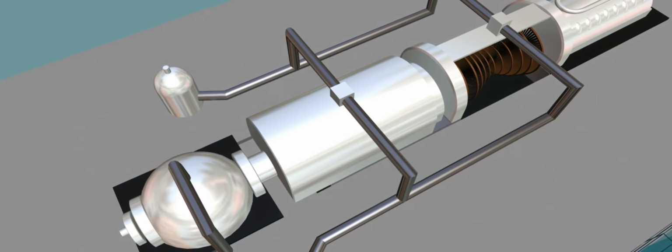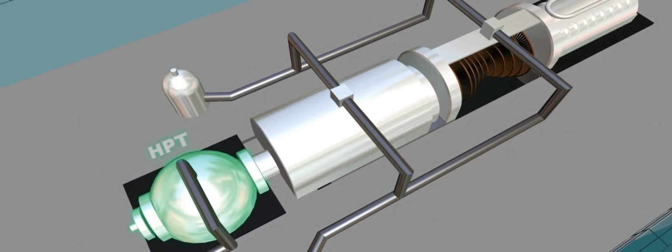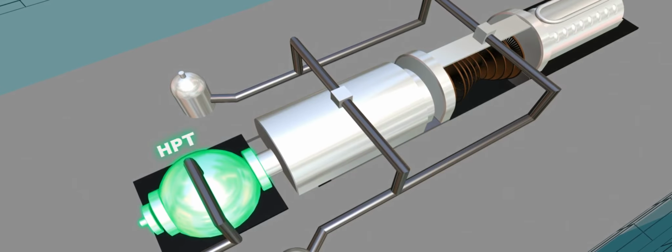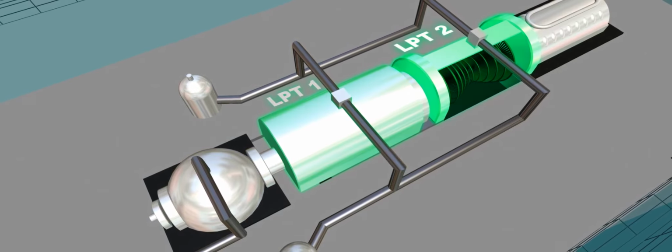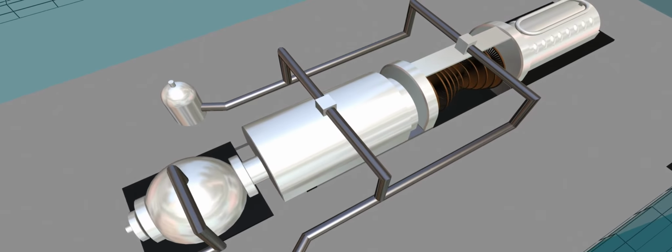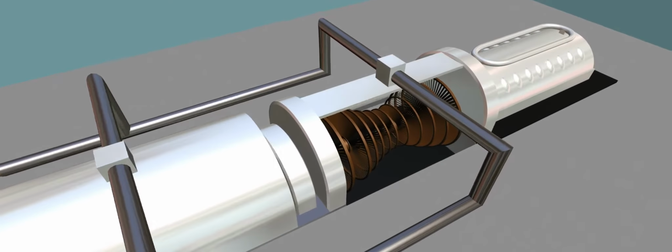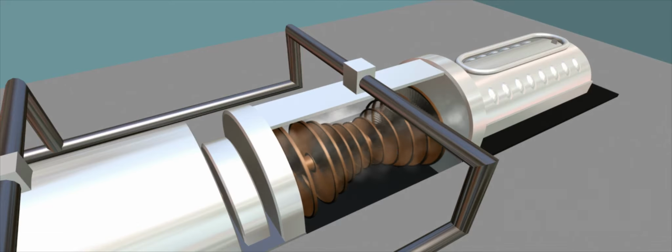The turbine generator assembly or turbo generator in a 540 megawatt PHWR has 1 high pressure turbine and 2 low pressure turbines. The steam produced in the steam generators upon reaching the turbine rotates it at a very high speed of about 3000 revolutions per minute.